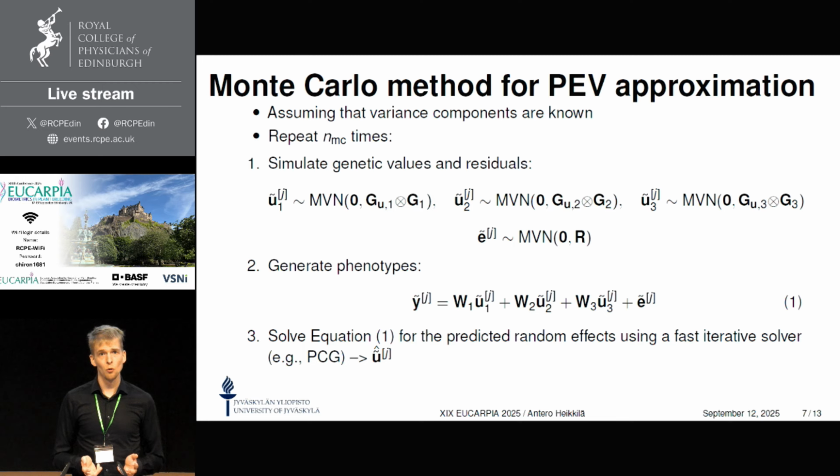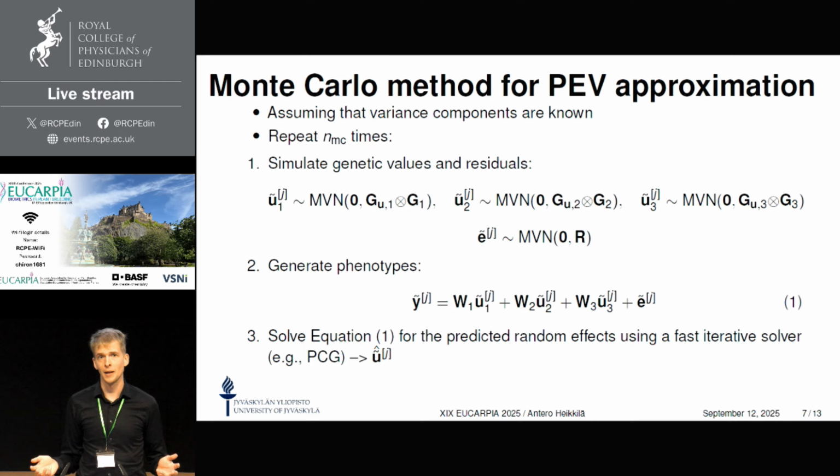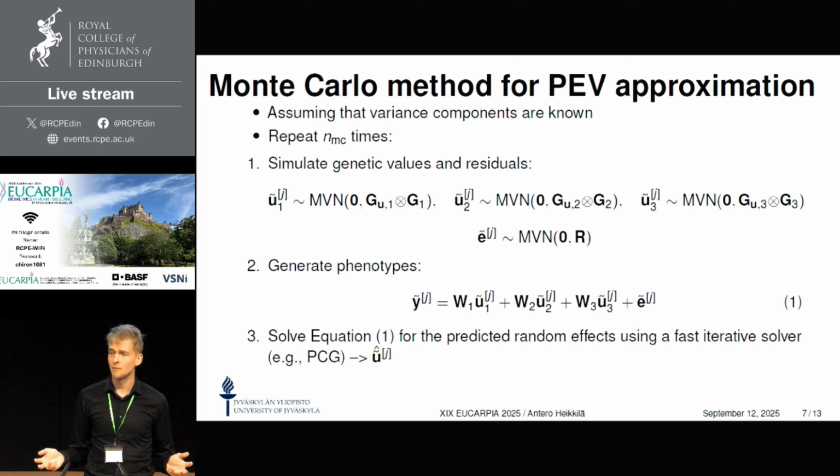After we have simulated these genetic values and residuals, by the way, they are denoted by U tilde and E tilde, in the second step, we will generate phenotypes. The phenotype is a linear combination of fixed effects and random effects. However, here we do not have to simulate any values for fixed effects because we are only interested in approximating the reliabilities and PEVs of the random effects.